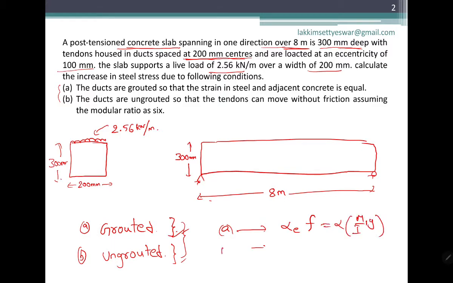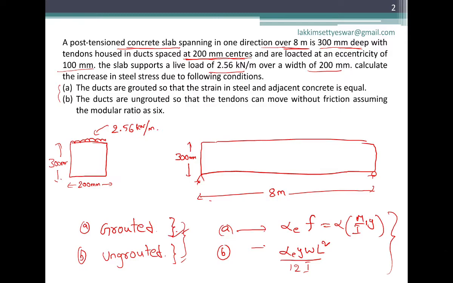This is the formula for grouted. The ungrouted condition is alpha E into y into W into L square divided by 12I. These are the two formulas. So let's calculate one by one.